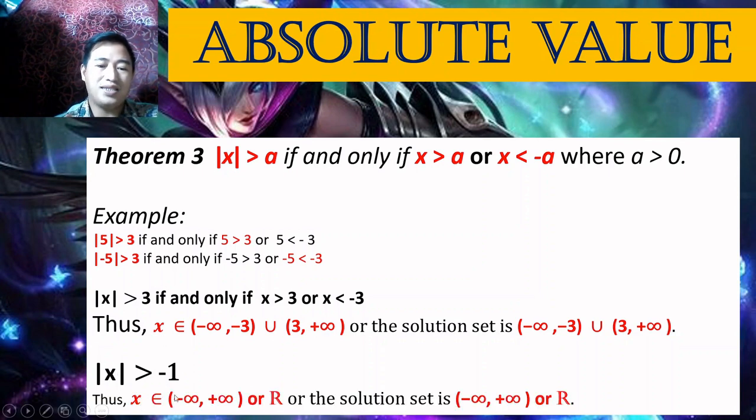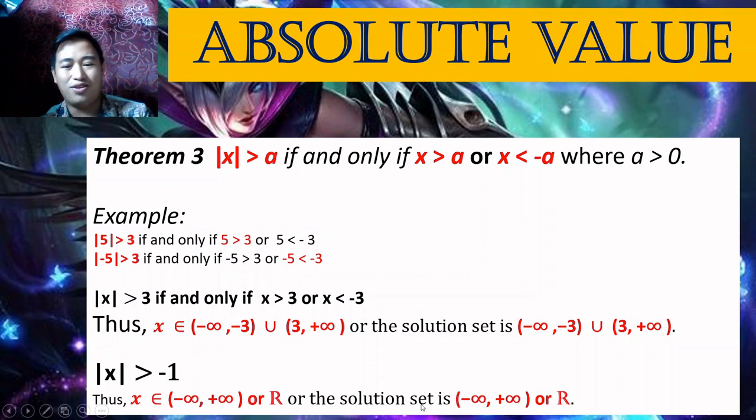Thus, our x kay element ni class sa interval nga negative infinity to positive infinity or the set of real numbers or the solution set is kana siya. Same lang. So, mahurot niya tanan class ang value ni x. Bisag unsay mong i-substitute dira sa x nga element sa real numbers, always true siya kay this is always greater than sa 0. So, mo greater than po na siya sa negative 1. Okay?